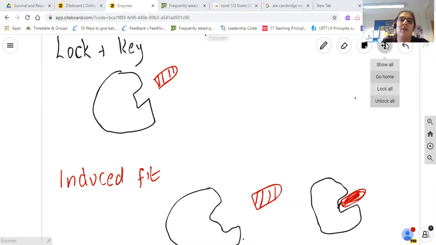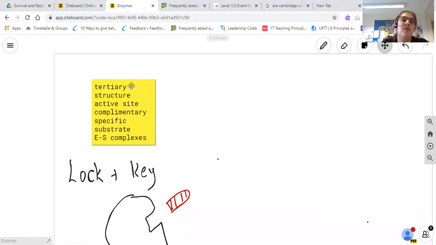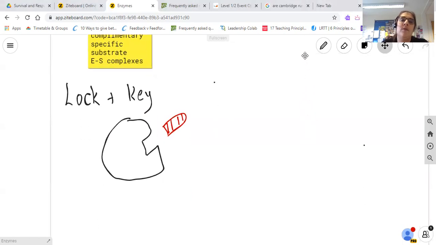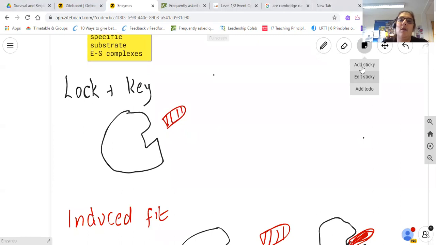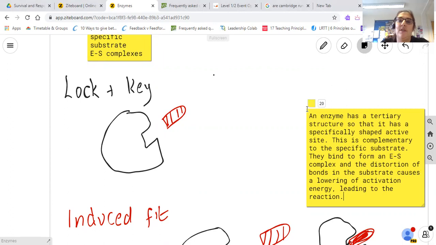Now, it's really important that when we are describing enzyme reactions that we refer to specific terms as listed here. So tertiary structure instead of shape, active site, complementary, specific, substrate, and enzyme substrate complexes. So if I was describing how the lock and key actually worked, this is how I would describe it. I would say an enzyme has a tertiary structure so that it has a specifically shaped active site.